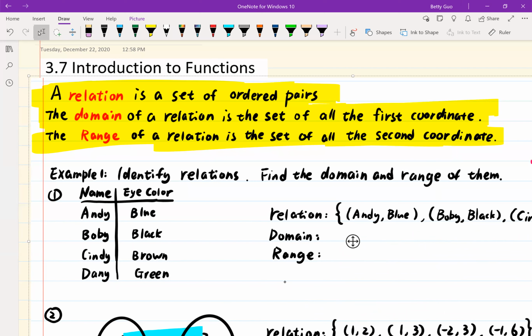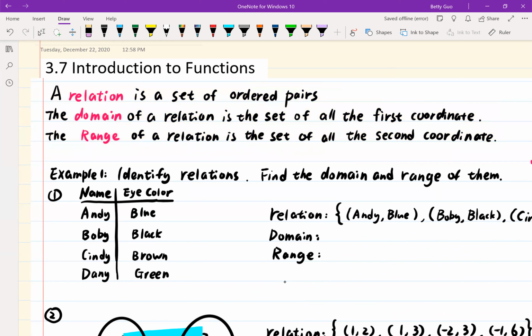Section 3.7, we start from the definition of relation. Please write down the definition for relation. A relation is a set of ordered pairs. It's a pretty simple definition.